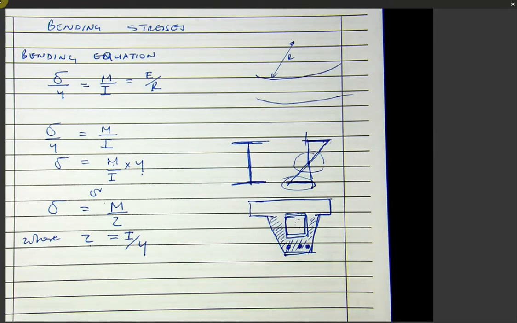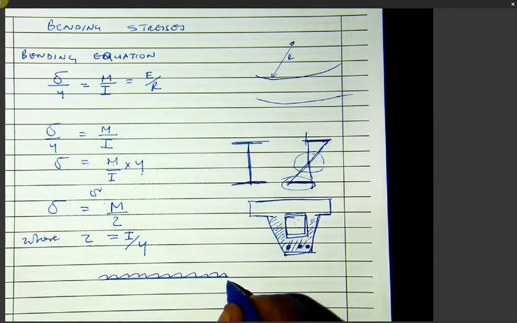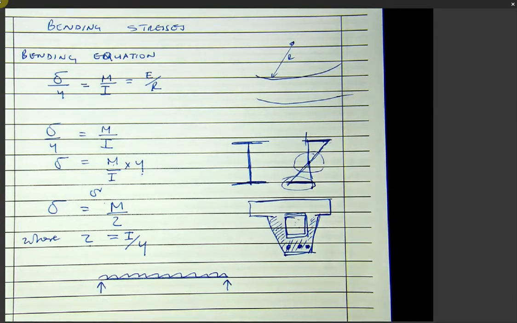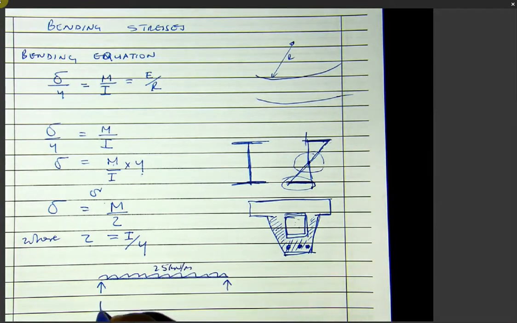For example, if you have a beam, I'm going to give a simply supported beam with a uniformly distributed load of 25 kilonewtons per meter. That is 5 meters.